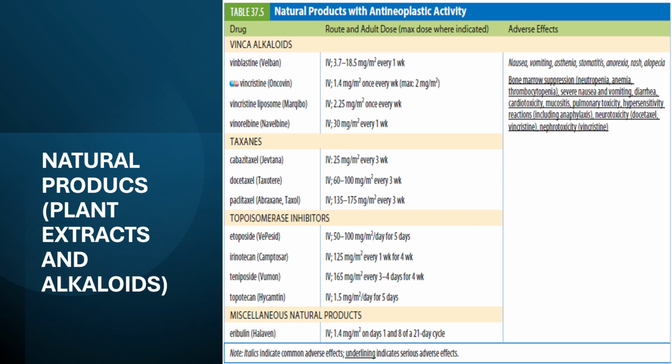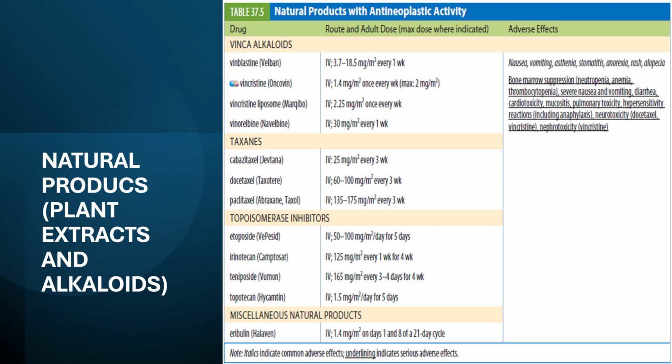Natural products or plant extracts and alkaloids. Plants have been a valuable source for anti-neoplastic drugs. These natural products act by preventing the division of cancer cells. Pharmacotherapy with natural products.